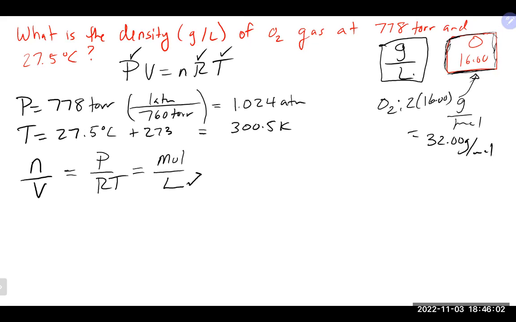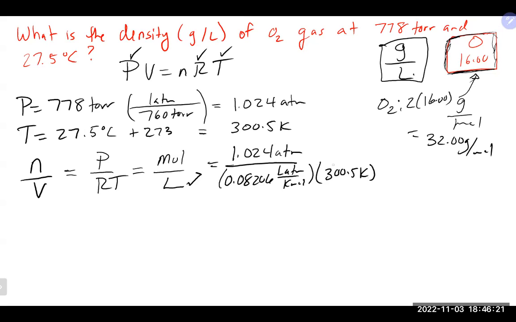So if we put our gas information in here, we take our pressure, which has been converted to the proper units, our gas constant, which is always the same number, and our temperature, which we also converted to Kelvin. Atmospheres will cancel, Kelvin will cancel.